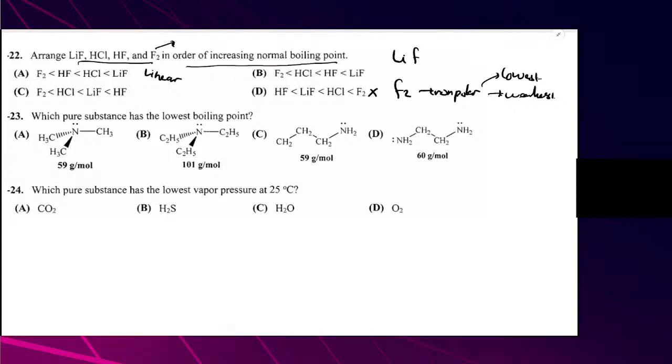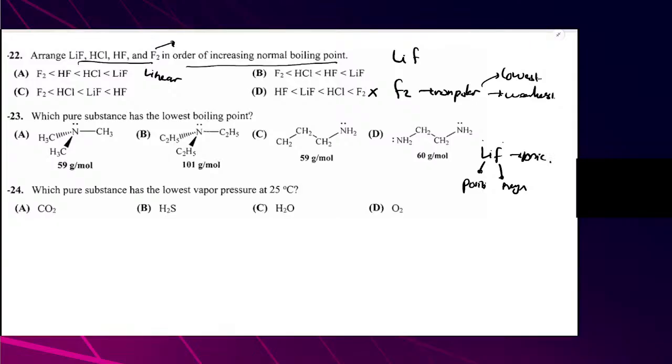Now let's take a look at LiF, lithium and fluorine. How about this one? Lithium is positive, and fluoride is negative. This one is a metal and this is a non-metal, so this is ionic.